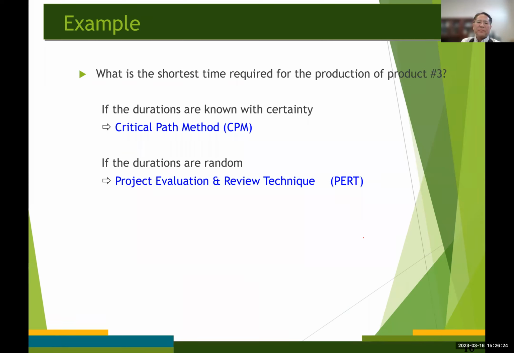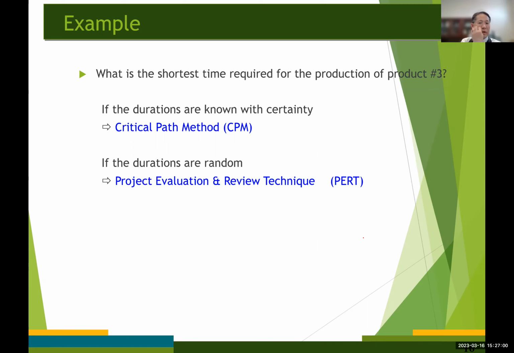If you'd like to know the shortest time required for the whole project, in our case the production of product number 3, then if the duration of each activity is known with certainty, the critical path method, CPM, can be used to determine the length of time required to complete the project.